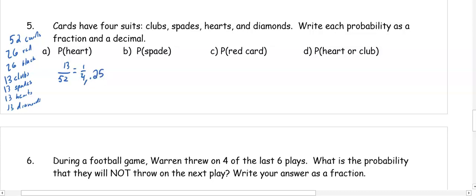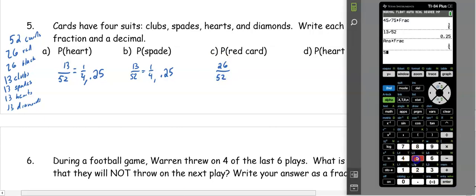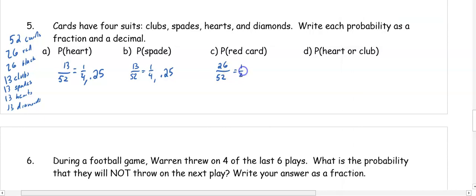Probability of pulling a spade is the same thing because it's 13 out of 52, which reduces to 1/4 or 0.25 as a decimal. What's the probability of it being a red card? So there are 26 red cards out of 52. So 26 divided by 52 is 0.5, which is 1/2 as a fraction, and then 0.5 as a decimal.